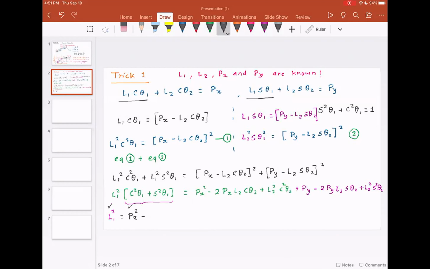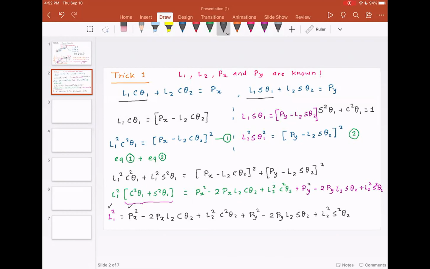I have minus 2 Px L2 cosine theta 2, then plus L2 square cosine square theta 2, plus Py square, minus 2 Py L2 sine theta 2, plus L2 square sine square theta 2.